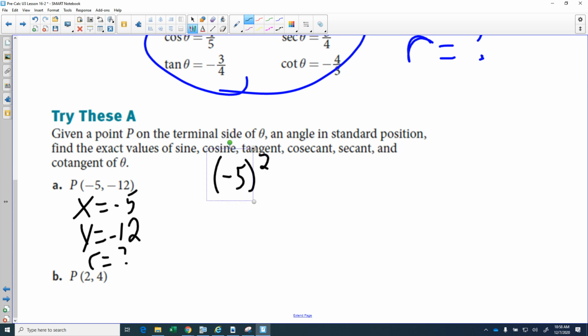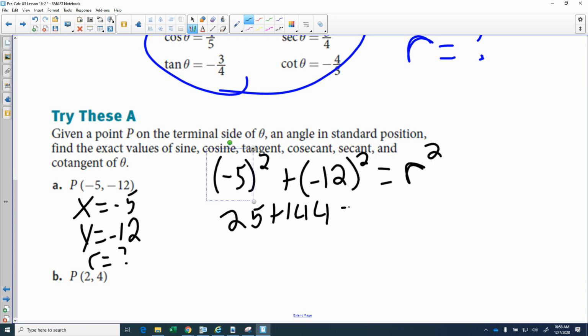So we go -5 squared plus -12 squared, and that has to equal my radius squared. This comes out to be 25 plus 144 equals r squared, and then that's just 169 equals r squared, and r is going to come out to be 13.